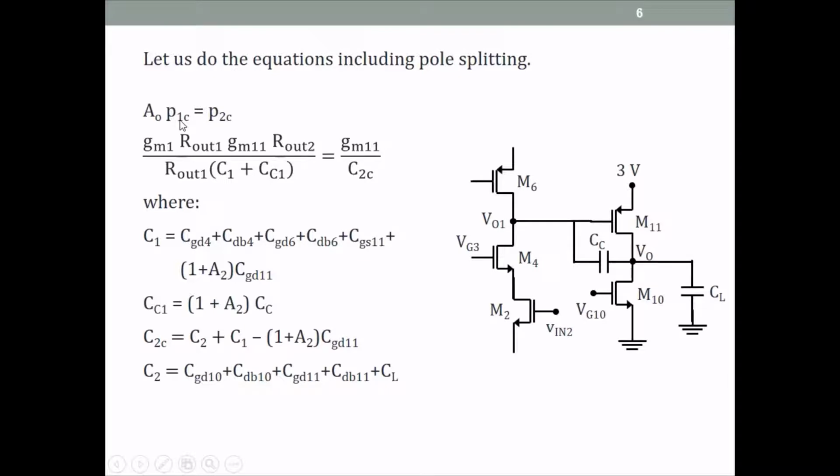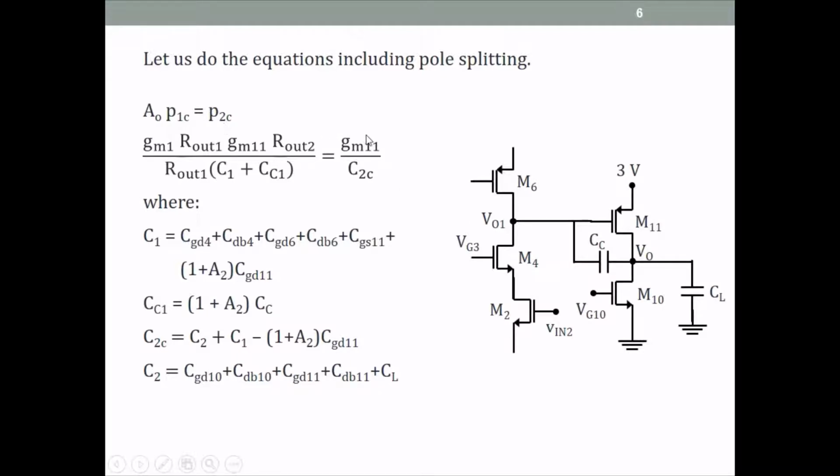P1C, the dominant pole including CC, is Rout1 into the capacitance at the node VO1 plus the Miller capacitance due to CC, which is CC1, which is (1 plus A2) into CC.